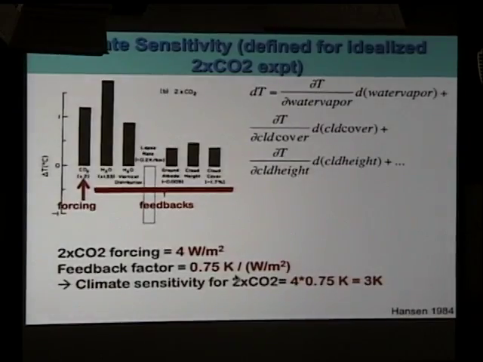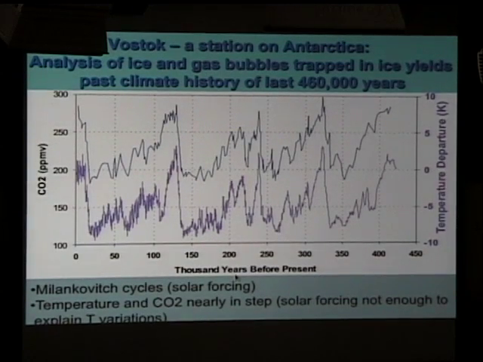Let me just back up. You can convert the CO2, like what I showed you, and the methane into a forcing, in watts per meter squared. And so then the temperature is the response, and we can estimate what the global mean temperature is from the Antarctic temperature.